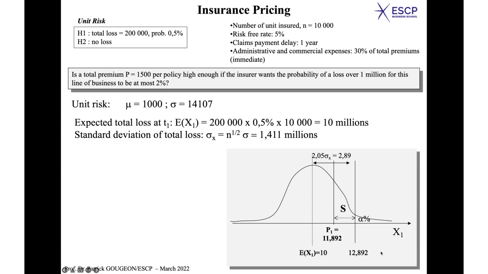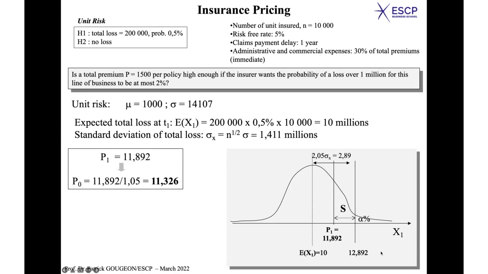Okay? So if we have P1, which is the amount that needs to be available after 1 year, the question is, how much do we need to collect today? We use the discounting technique, using 5%, which is the risk-free rate, okay? And we find 11,326, okay?